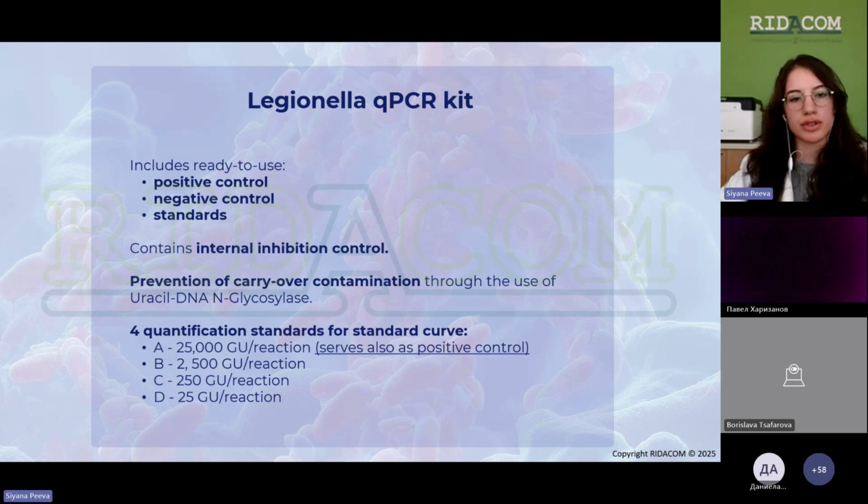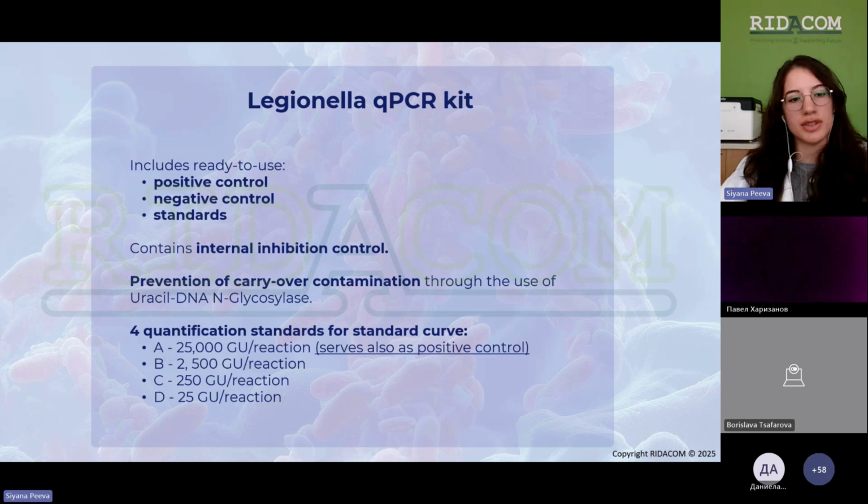We also have prevention of carryover contamination through the use of uracil DNA glycosylase. And as mentioned before, we have 4 quantification standards, which are used for generating the standard curve, and you don't have to dilute them or do anything to them to prepare them in ready-to-use format.